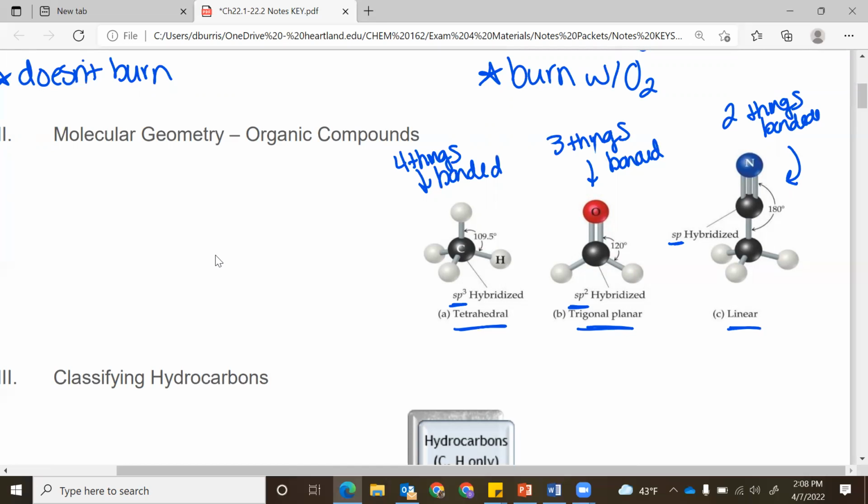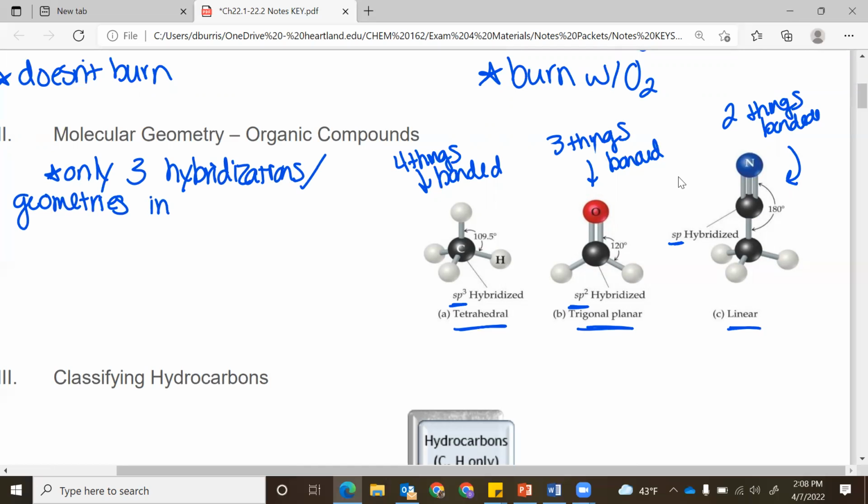That works. There will be some questions about this on the homework, so keep that in mind. These are the only 3 hybridizations and geometries in organic compounds.